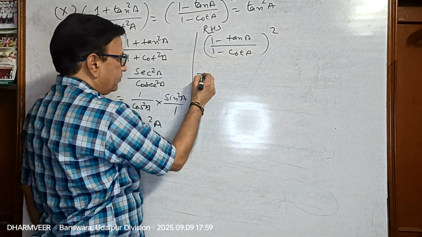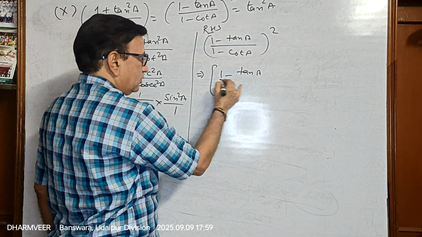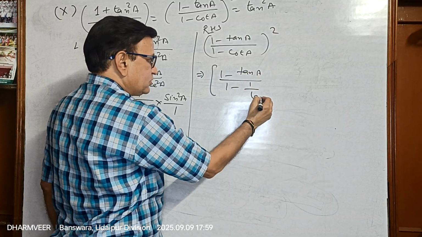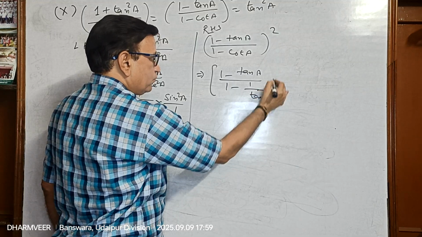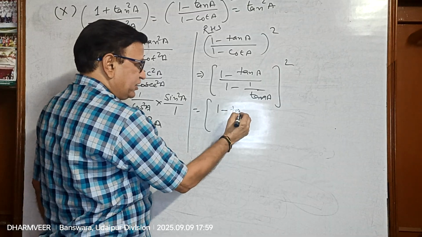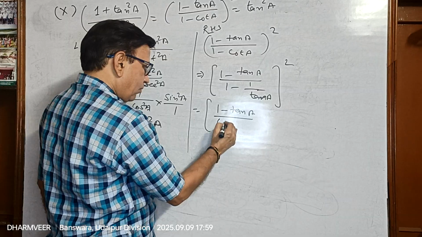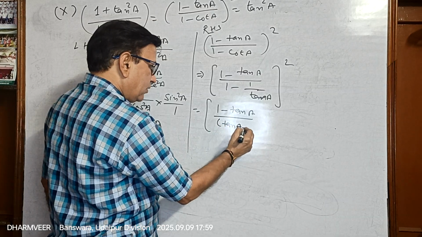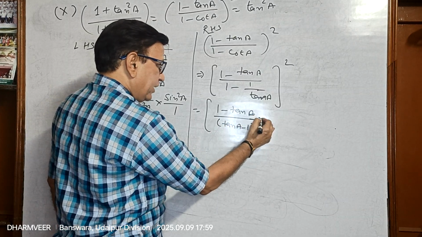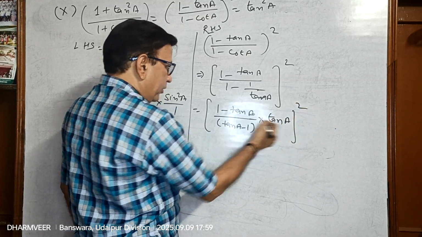So now change it. 1 minus tan a upon 1 minus 1 upon tan a, whole square. So 1 minus tan a as it is, no change. Now LCM: (tan a minus 1) upon tan a. Now the very important step is here.